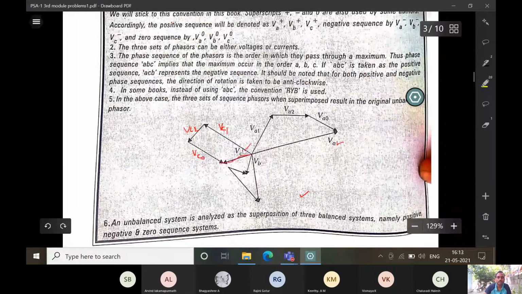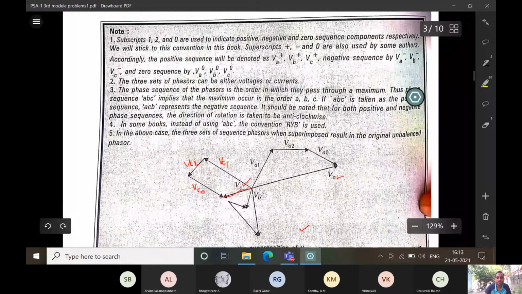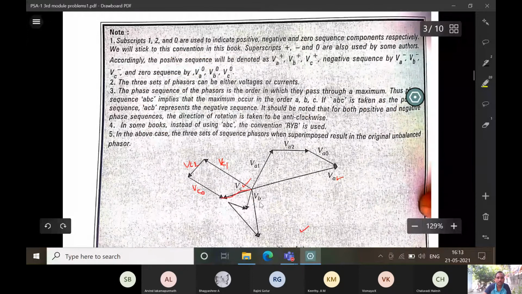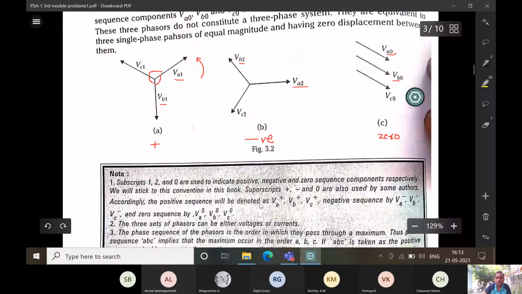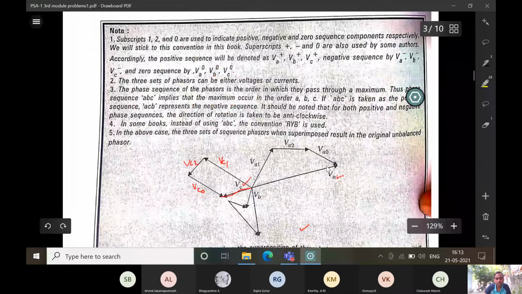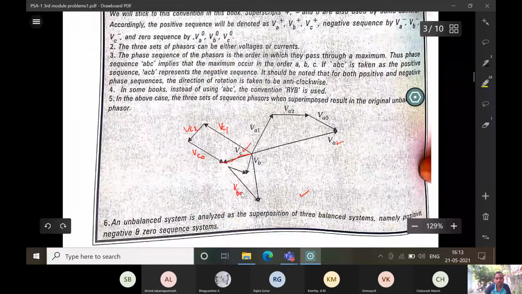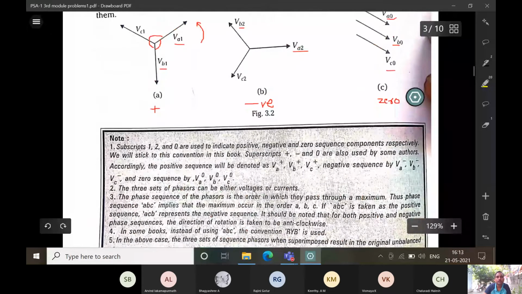So VA is over and VC is over, and similarly VB we have to draw. So VB is equal to VB0 is in this direction. So this is VB0 and VB1 and VB2.